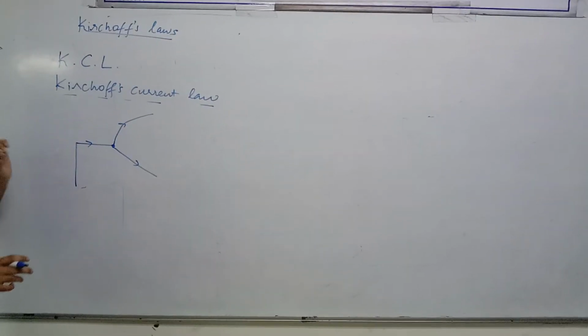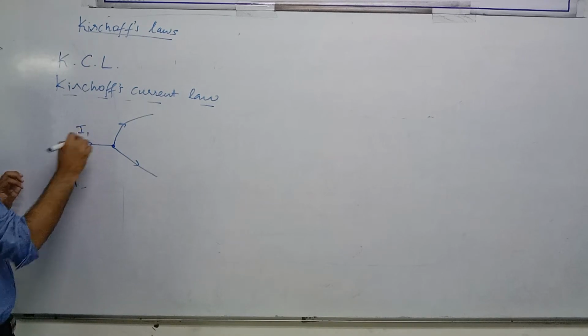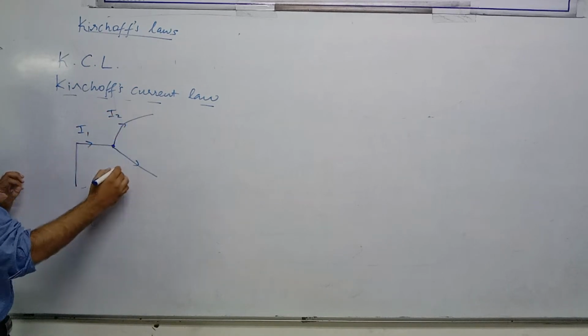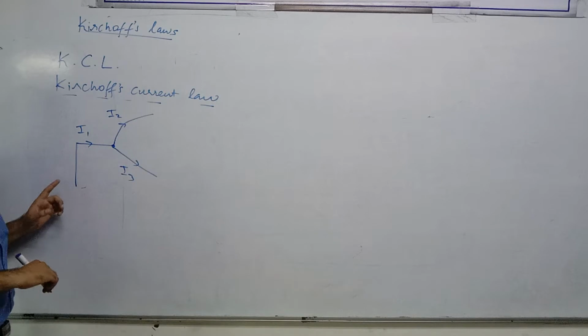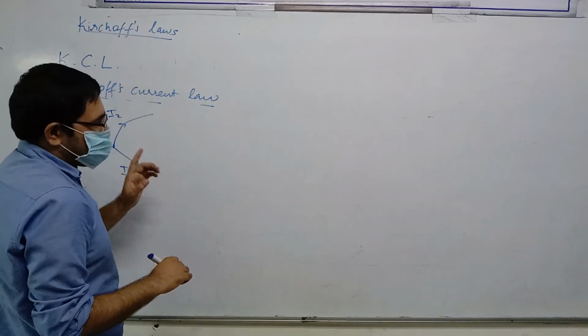So the law is that if this is, let's say, I1 and this is I2 and this is I3, then Kirchhoff's current law is as follows.